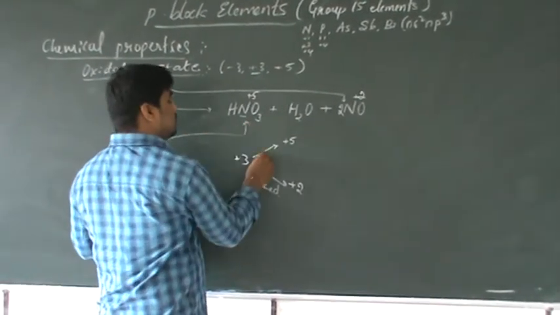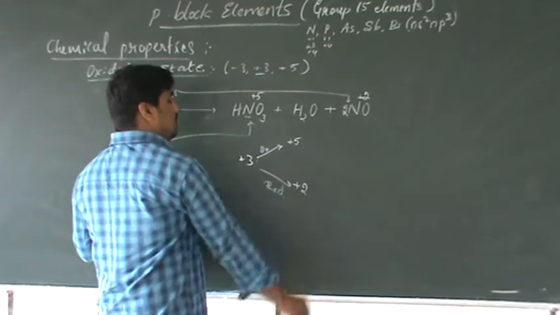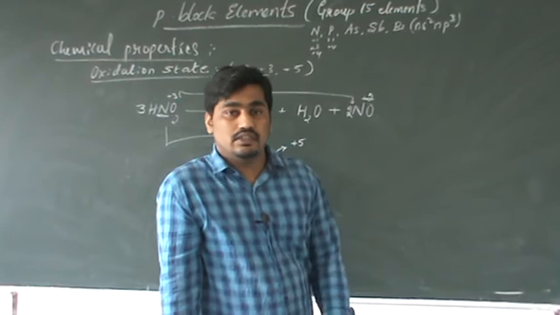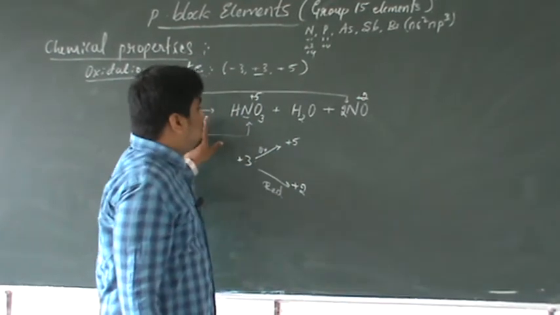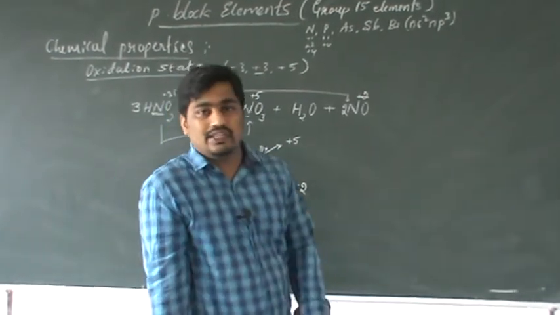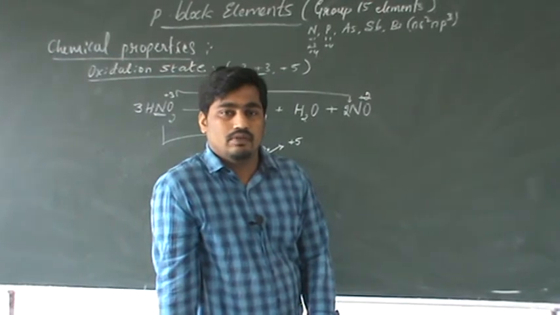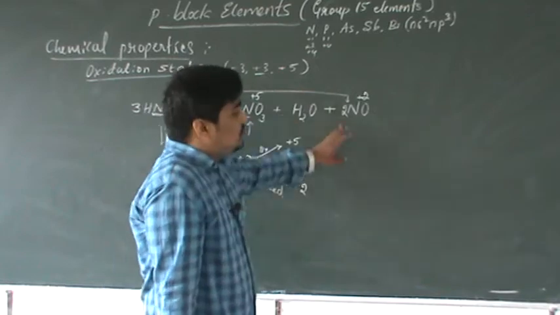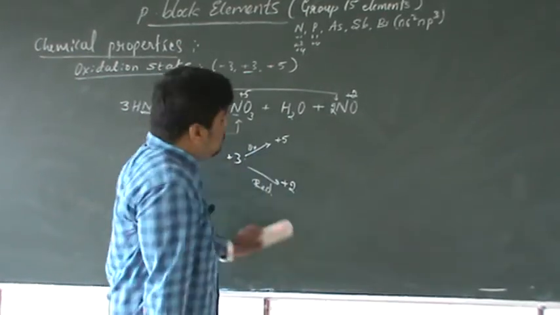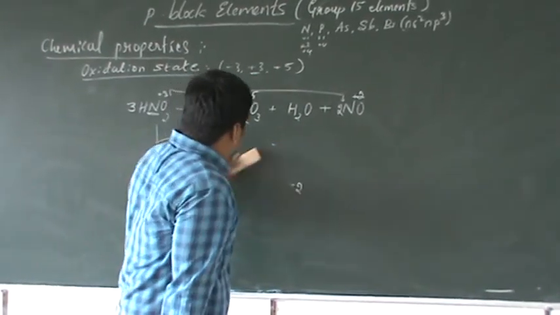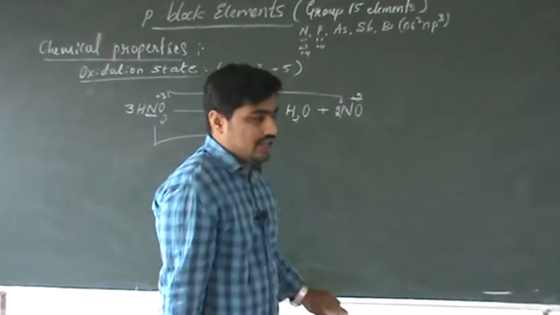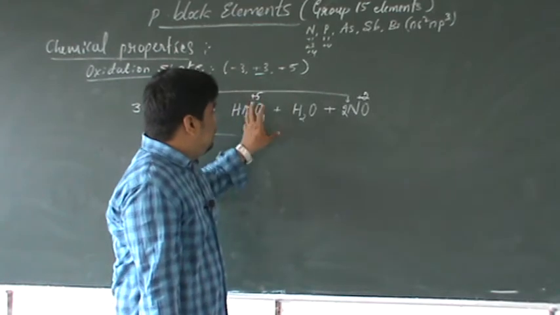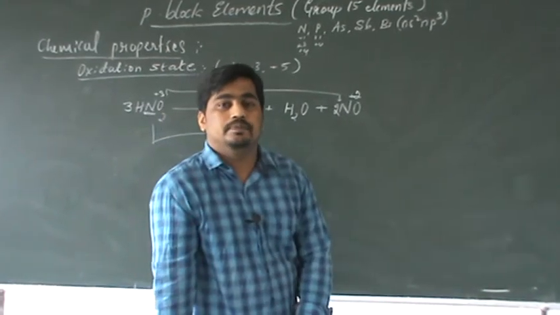Simultaneously, oxidation shows the +5 oxidation state. Hence, this reaction is an example of a disproportionation reaction. What happened in this reaction? Simultaneous oxidation and reduction happen. Because of that, it is an example of a disproportionation reaction, and we observe the difference in the oxidation states.